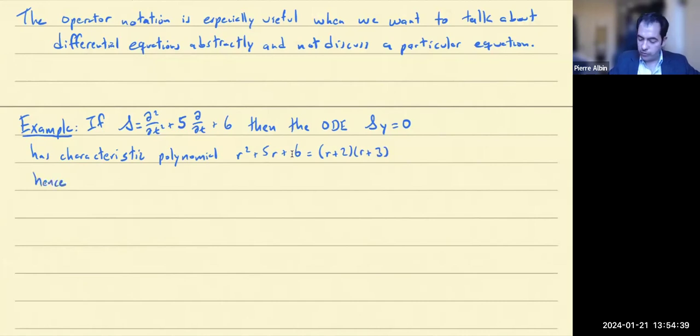So we see the roots of this polynomial are minus 2 and minus 3. So e to the minus 2t and e to the minus 3t are solutions of S y equal to 0.